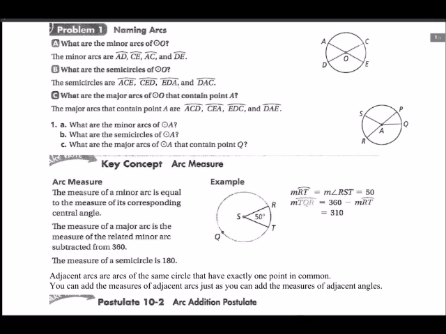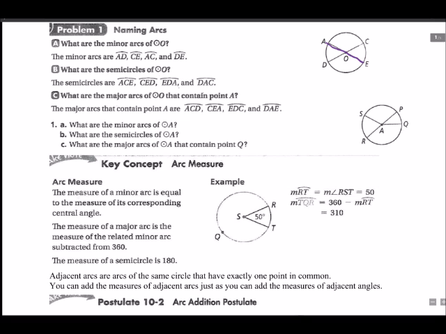And what are the semicircles of circle O? Well, there's a couple of these as well. Notice that there's a diameter. So we have, oh, I did the wrong diameter first. There's our diameter.